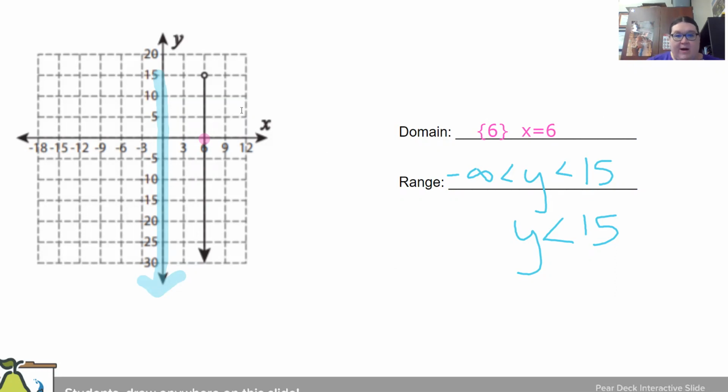The y won't impact that one. That one's a little different just because it's a vertical line. Horizontal lines would be kind of the same issue. If it was a flat line in this direction, then it would not change its y value, but it would change its x value. So we would say it's y equals a number, or just that number is its range. And then for domain, it would be wherever it starts and stops on the x.